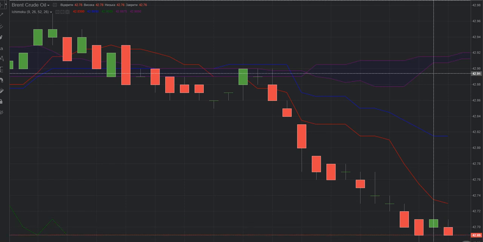Generally, if the price is above the Kumo, then there's an uptrend in place and more buying opportunities. If the price is below the Kumo, it is in a downtrend and it is better to be looking for shorts instead of longs. The longer price action stays above or below the Kumo, the stronger the trend and the more support or resistance the Kumo offers. The Kumo can be very effective.